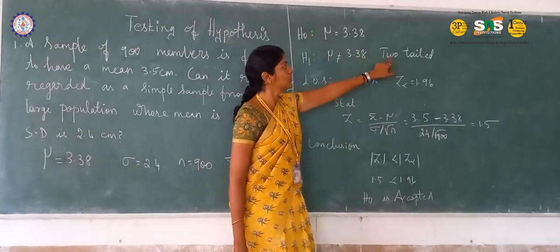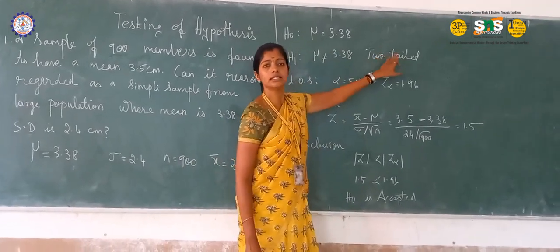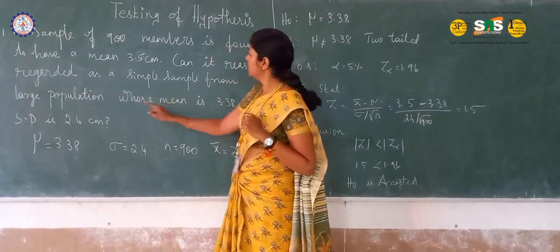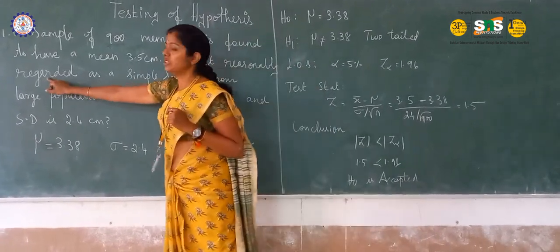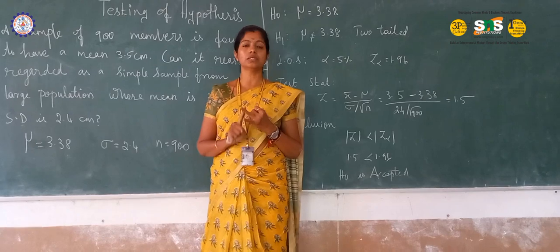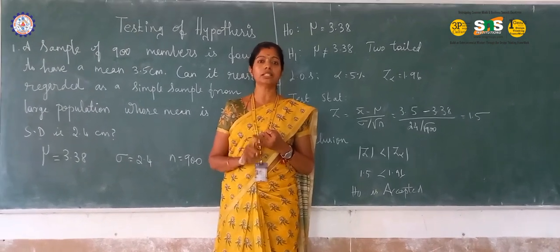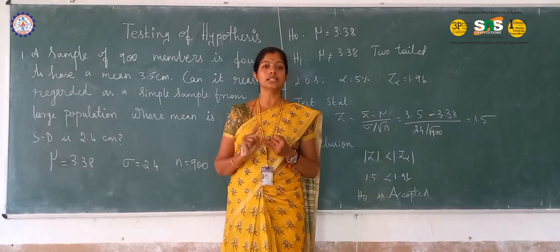Then this problem comes under two-tailed. Why two-tailed? Because in this question we have the word regarding. If you have regarding, equal, we understand it as two-tailed. If you have less than or greater than, we understand it as single-tailed.